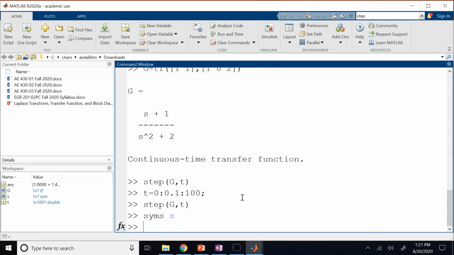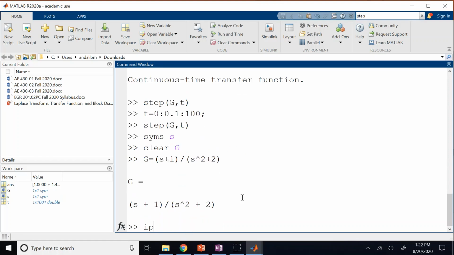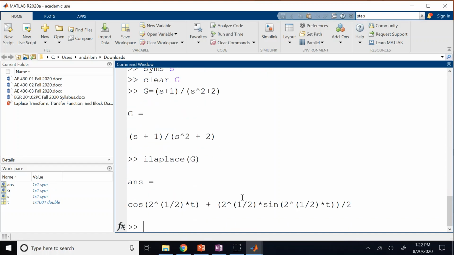And then define G. Let me use another letter because I used G already, unless I do clear G. Then say G is equal to s plus 1 divided by s squared plus 2. And then I say, what is ilaplace of G?